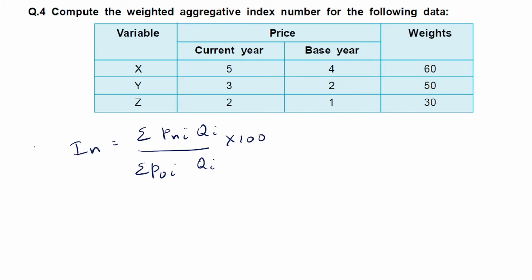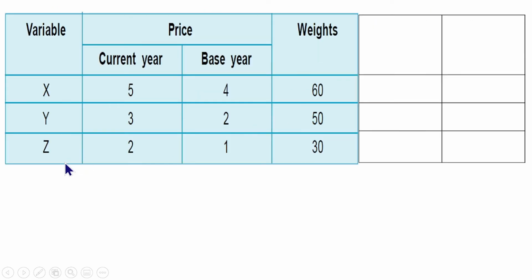So here In is the index for the current year, then Pni refers to the price in the current year, P0i refers to the price in the base year, and Qi refers to the weights. Now we'll draw a table like this so that it will be easy for us to find the answers. So this is the current year. The current year means the price is Pn, and this is the base year.